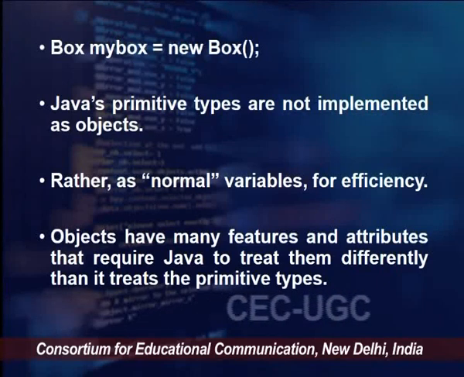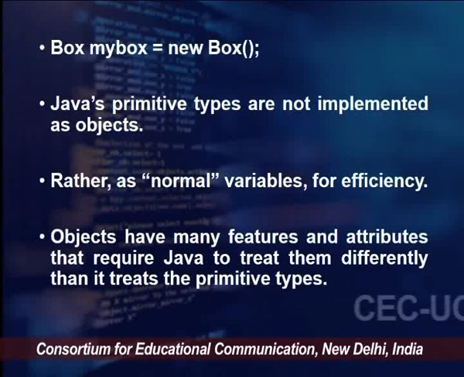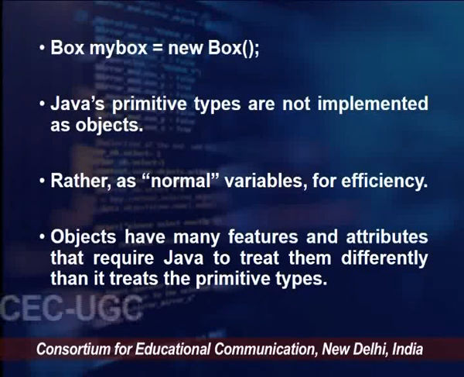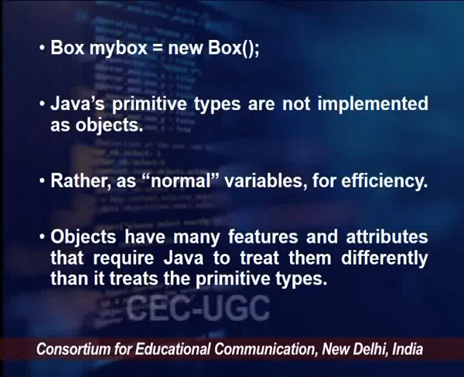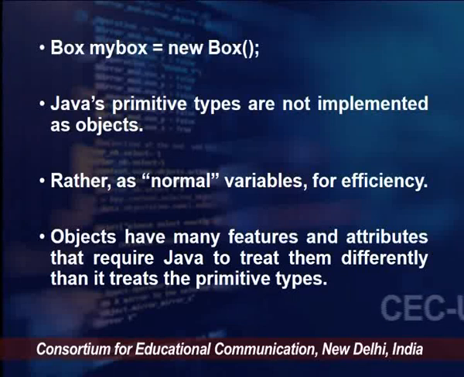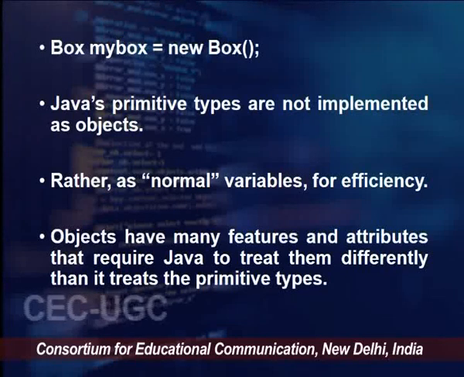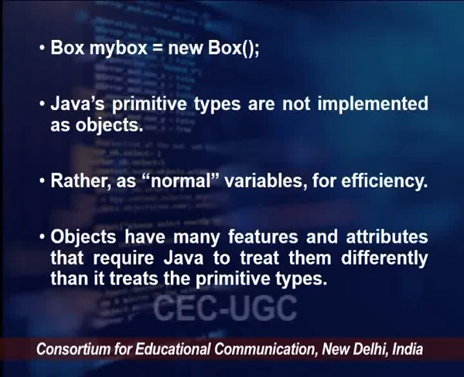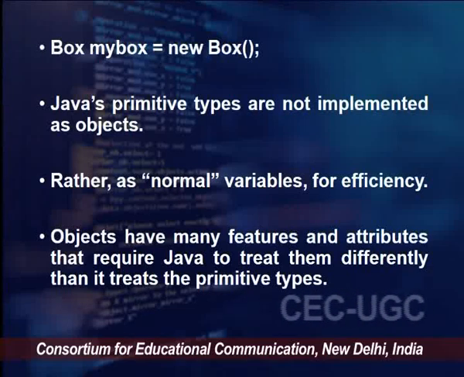For the sake of efficiency, they are implemented as normal variables, not as objects. Objects have many features and attributes, so Java treats them differently from the primitive types.